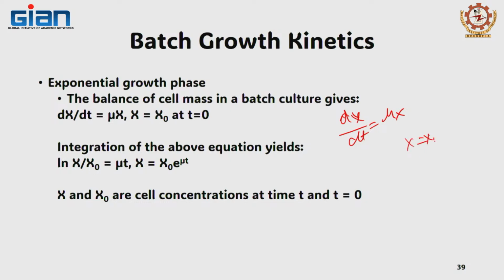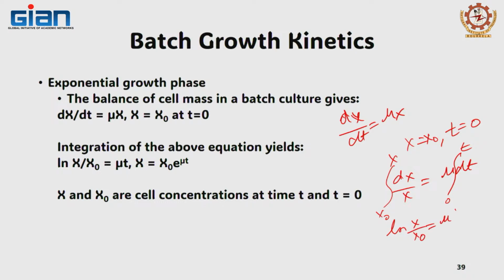X is x naught at time t equal to 0, or when it is starting, and the integration of this is given as dx by x equals mu dt, sorry, my mistake, mu dt, 0 to t, x naught to x. So, ln x by x naught becomes mu t.